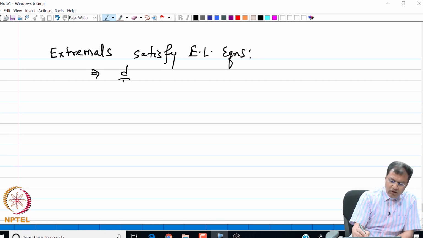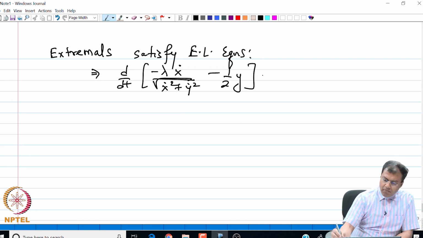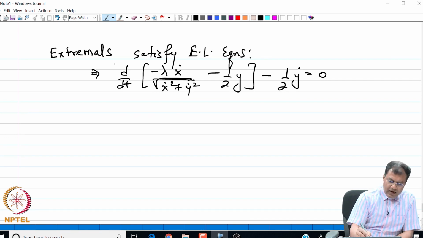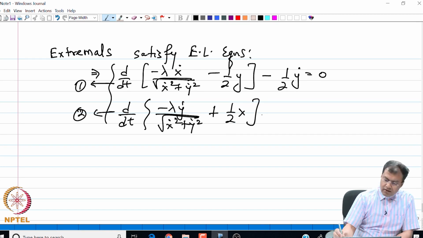Let me directly write these two equations. d/dt of, I am going to directly plug in the result, minus y dot, this is set equal to 0, and let me call this 1. The second one is d/dt of minus lambda y dot divided by square root of x dot square plus y dot square plus half x dot is equal to 0.